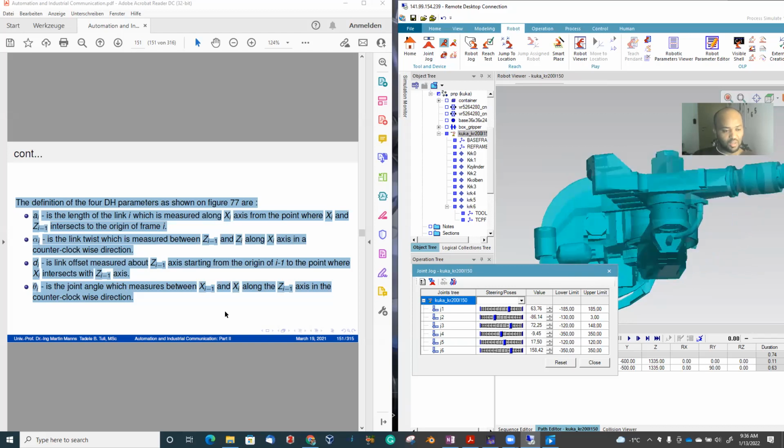So I now have a twist angle here. That's why I say I have a twist angle of 90 degrees.